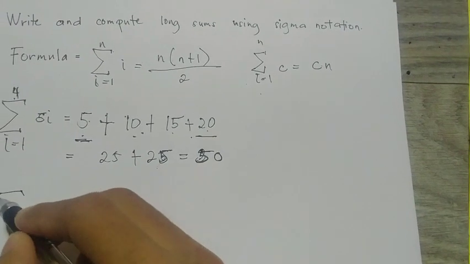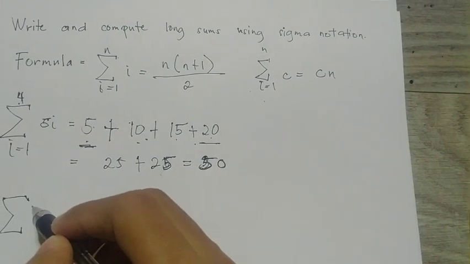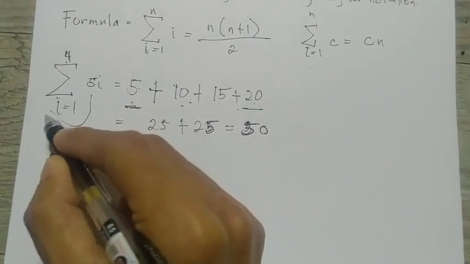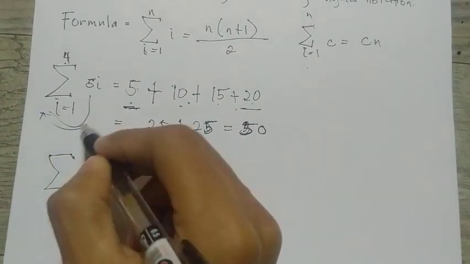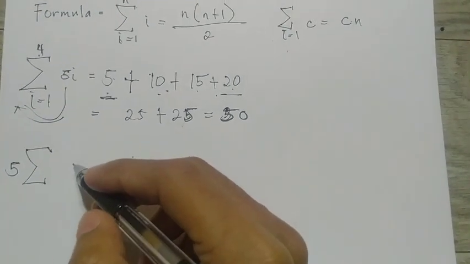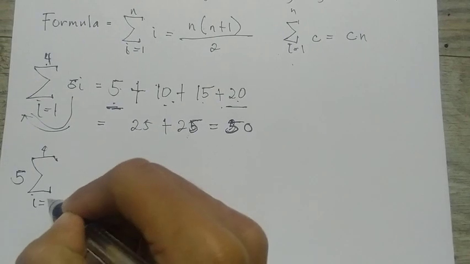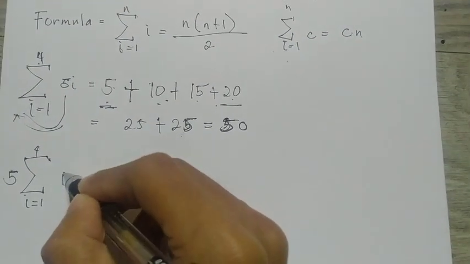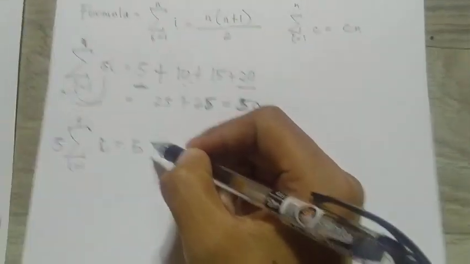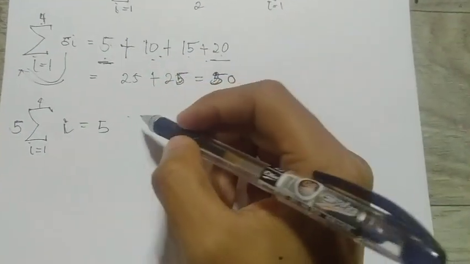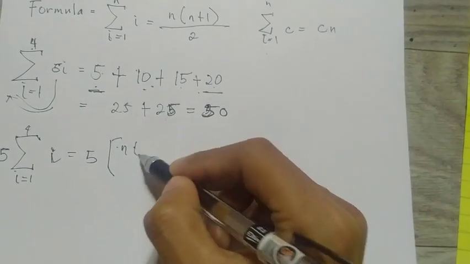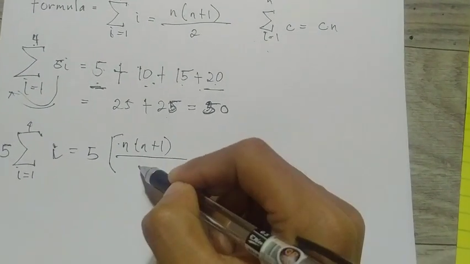In the formula, 5 is the constant. We put it outside the sum. So 5 times the sum from i equals 1 to 4 of i. The formula is n times n plus 1 over 2.